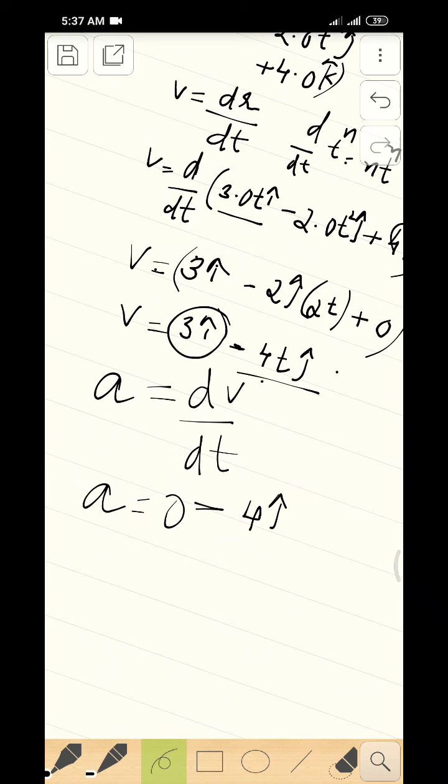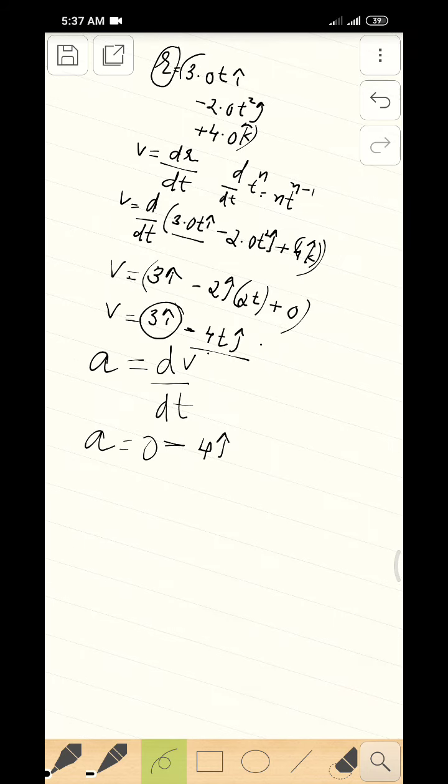Now we have to find the velocity value at 2 seconds. So the velocity value you are having is 3 i cap minus 4t j cap. You have to substitute the value of t, that is 2, over here. So the velocity at 2 seconds is equal to 3 i cap.